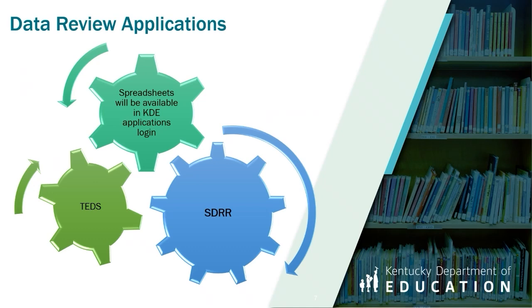And then what can you do in TEDS for your career data? On those spreadsheets, you're going to have all of your assessments, even your college and career readiness, your post-secondary readiness data as well. You'll be able to make changes to your academic data in SDRR for post-secondary readiness.